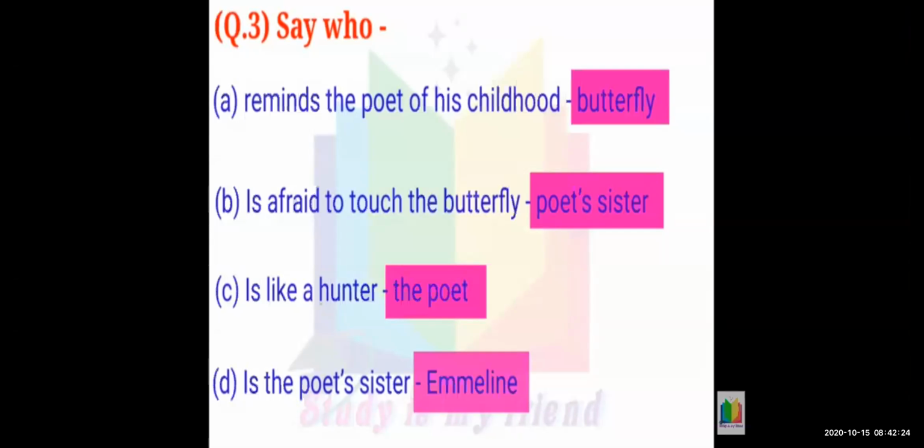All these things give leisure to the poet. It is a beautiful poem written by William Wordsworth. He was a romantic poet as well as a nature poet. He has written a number of poems related with nature.